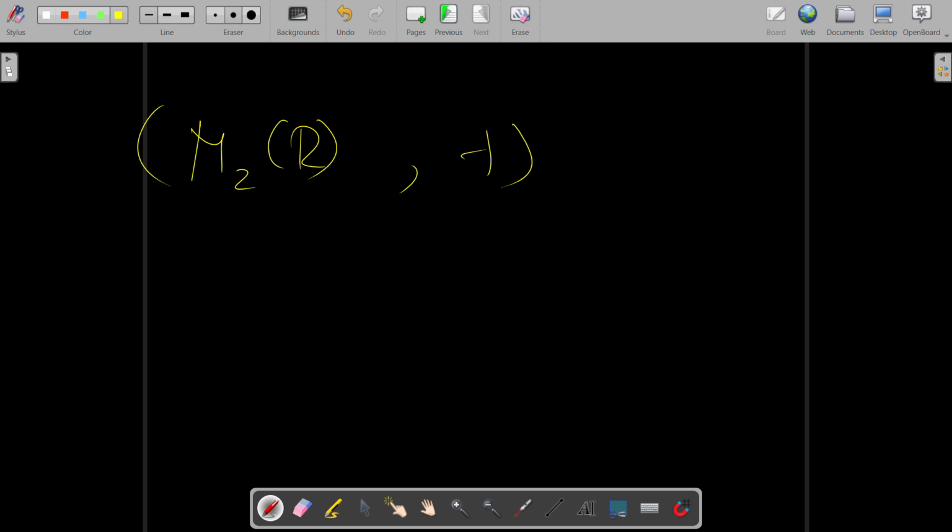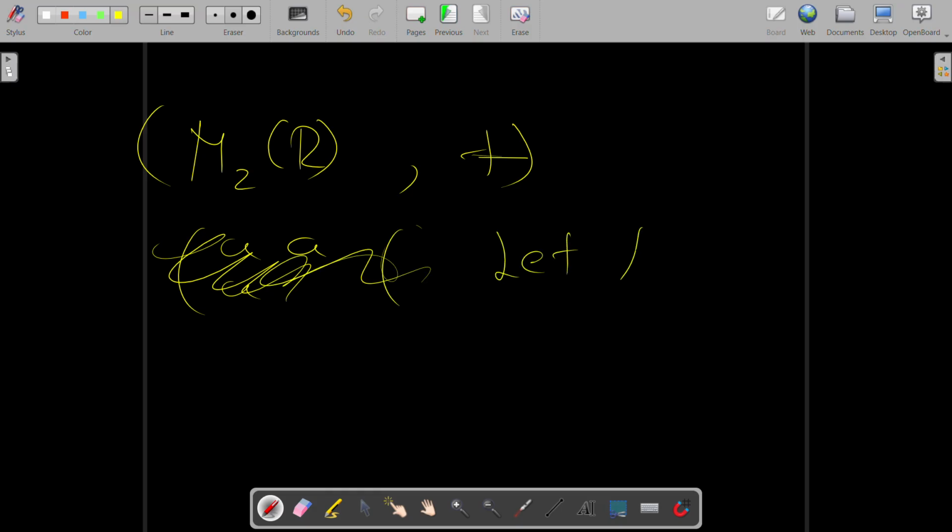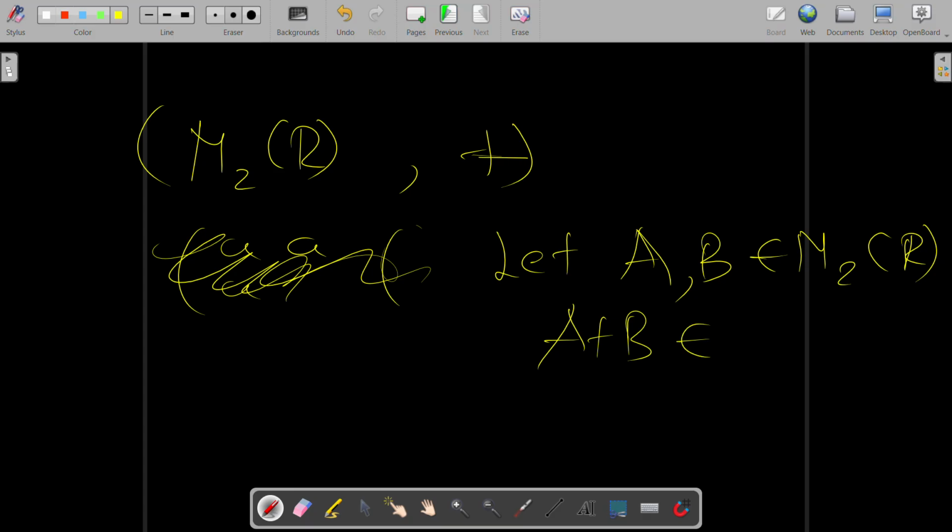To check it, let A and B be two real matrices of order 2. Then clearly A plus B also will belong to M2R, so the closure property is satisfied. We can check the associative property very easily.